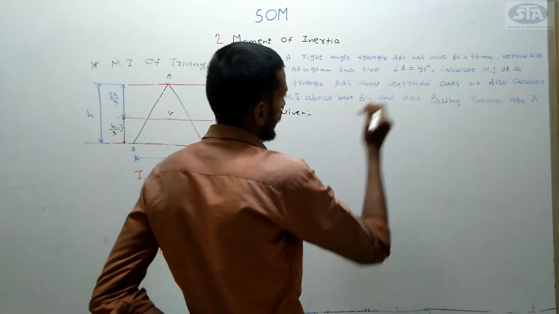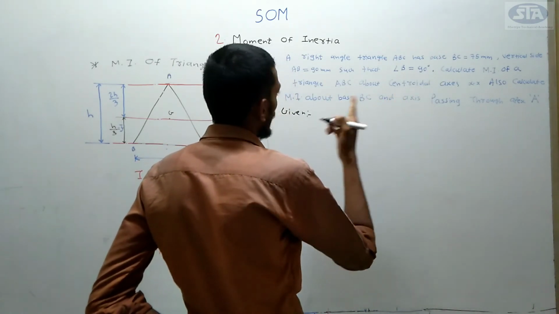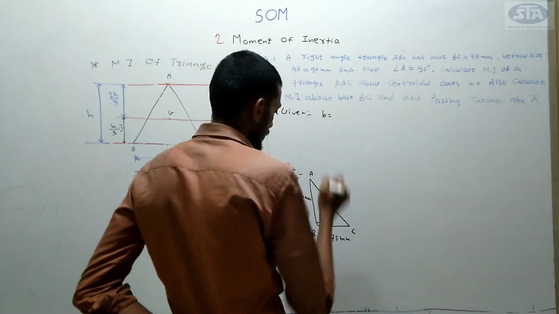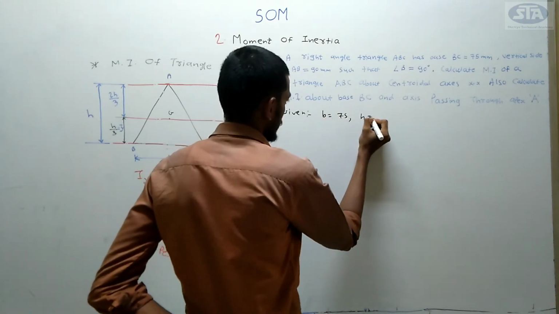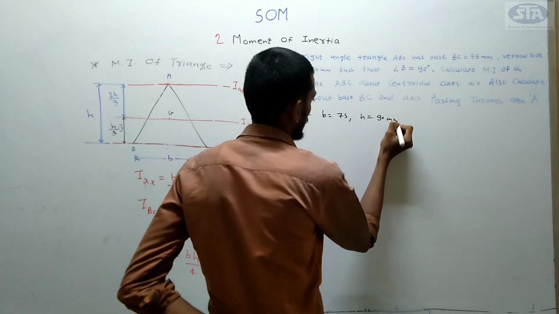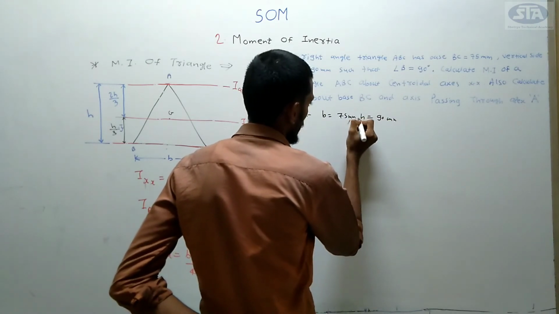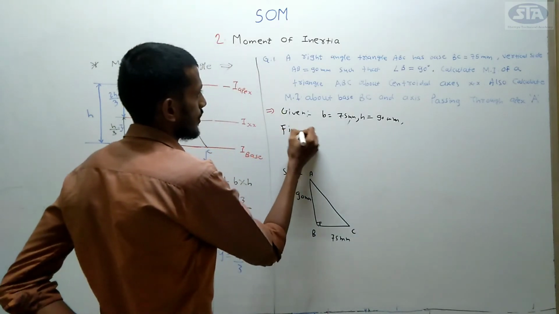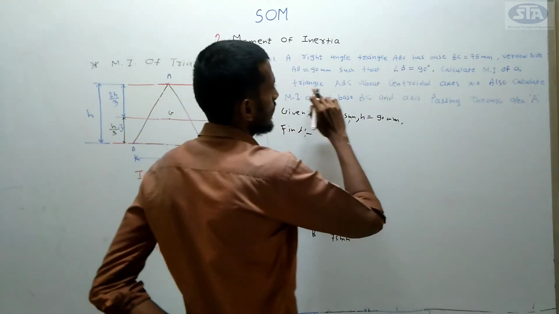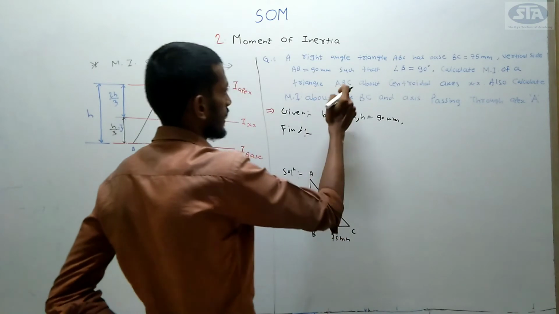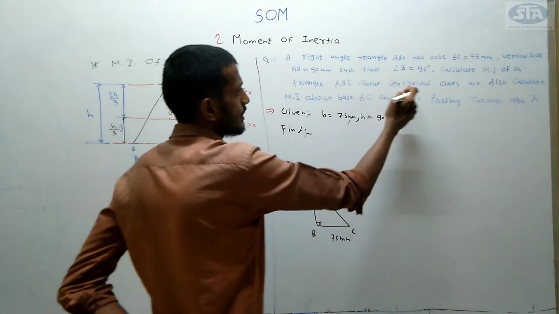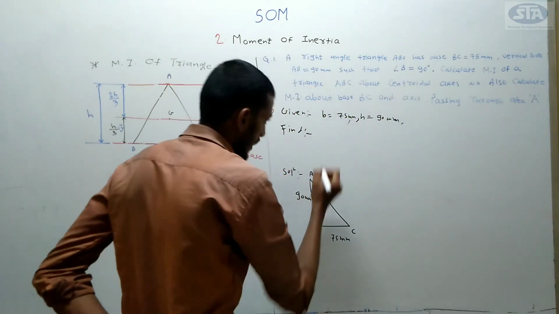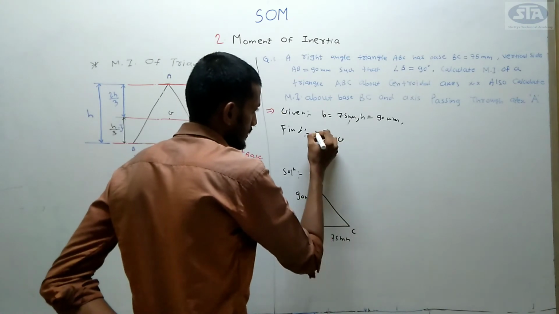To calculate the MI of the triangle, b is already given as 75 mm and h is given as 90 mm. Now, first of all, we have to calculate the moment of inertia about the centroidal axis, which means we find Ixx first.